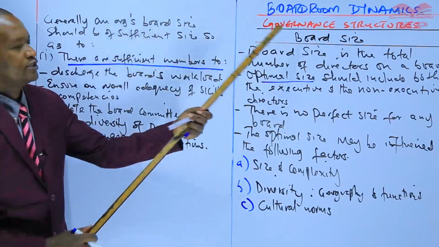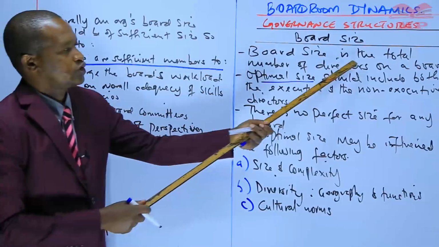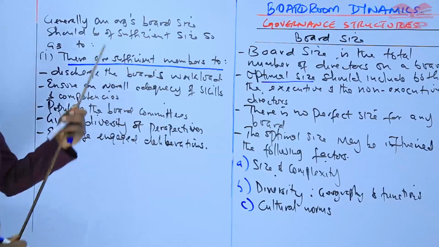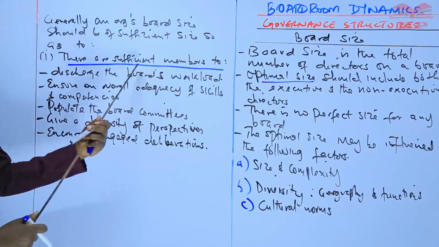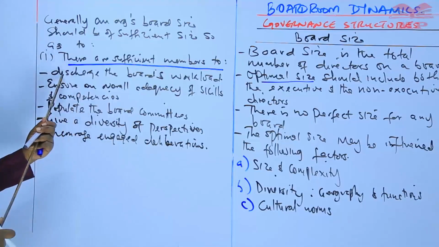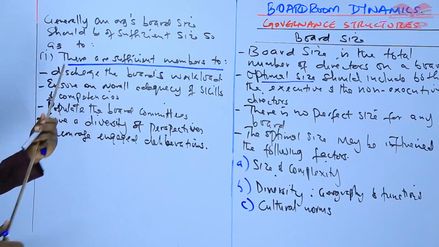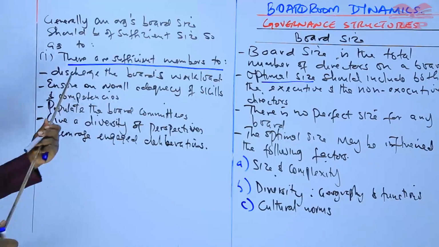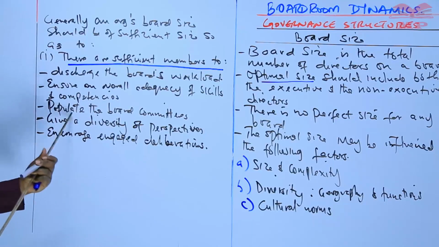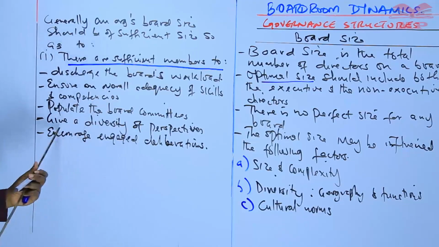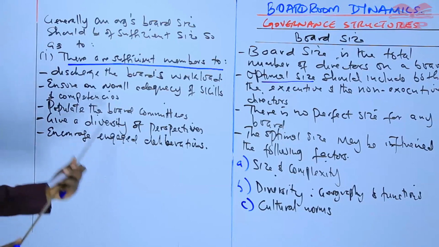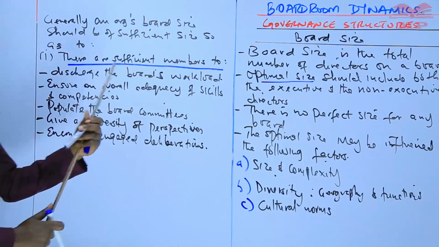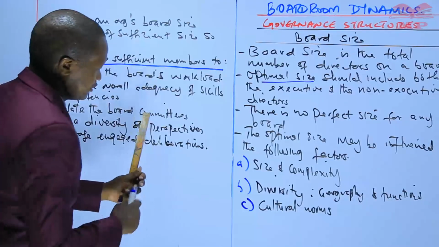Board size, which you have said is just the total number of directors on a board. A total number of directors on a board should be sufficient enough to 1, discharge the board's workload, 2, ensure an overall adequacy of skills and competencies, 3, populate the board committees, 4, give a diversity of perspectives, then lastly, encourage engaged deliberations.